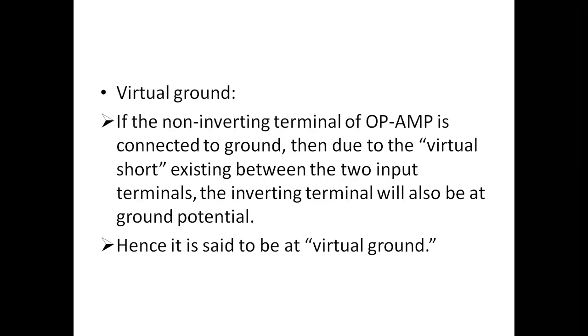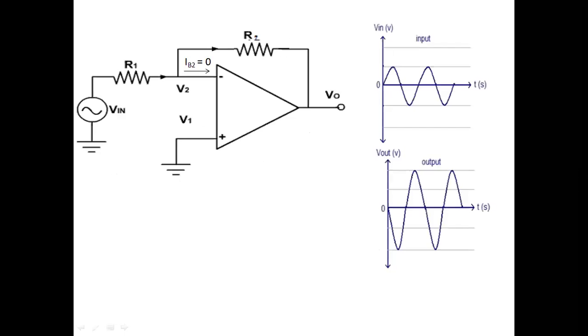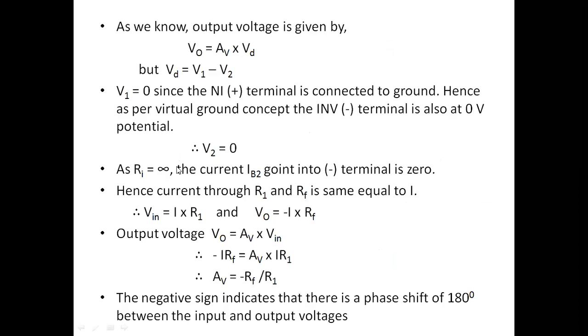If the non-inverting terminal is connected to the ground, then due to the virtual short between the two terminals, the inverting terminal will also be at virtual ground, or we can say it will also have 0 volt. So as we have seen, we are connecting V1 directly to the ground, so V2 will also have 0 volt according to the virtual ground concept.